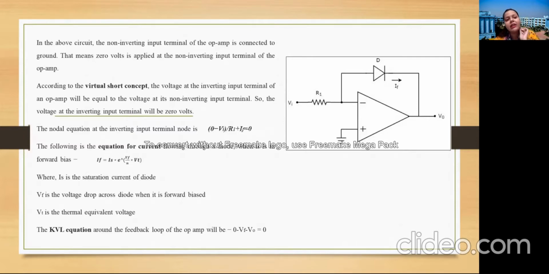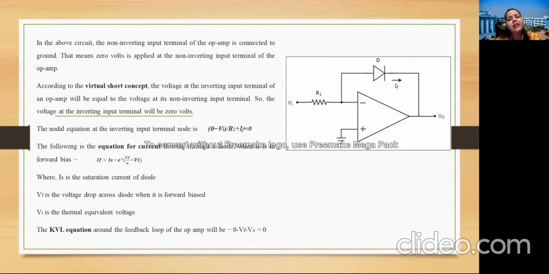The non-inverting terminal, as you can see here, is connected to ground. That means 0 voltage is applied at the non-inverting input terminal. Now, if we consider the virtual short concept, at the point where the incoming current and the feedback current are connected, if we apply the nodal equation, we get Vi by R1 plus the feedback current equal to 0.